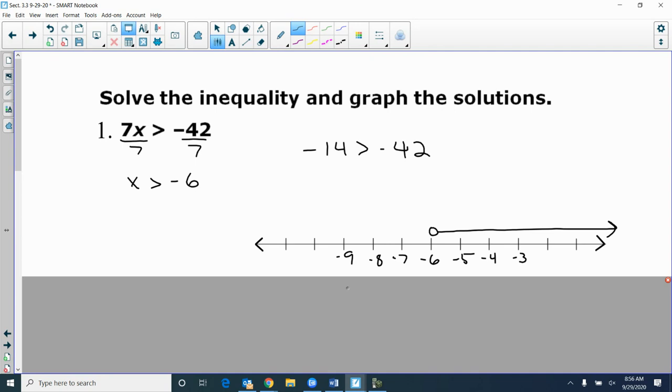If it's a hollow dot, when you plug in that number, that's what makes those two equal. That's another double check. What's 7 times negative 6? Well, that's negative 42, which is the same as negative 42. It's not part of our answer because it doesn't make it bigger than it. But everything to the right does.